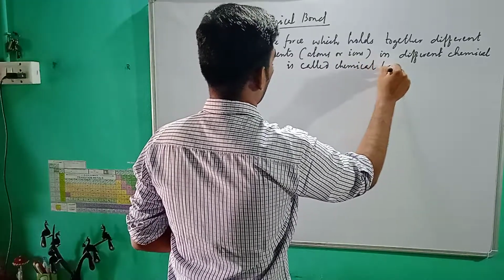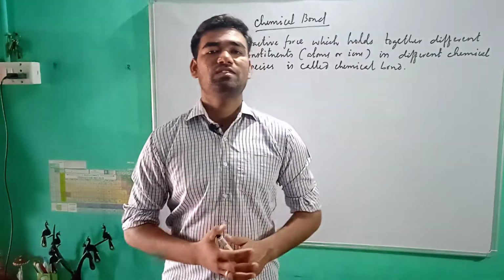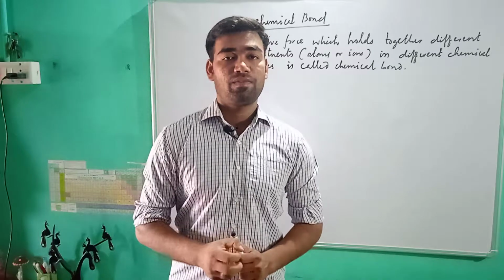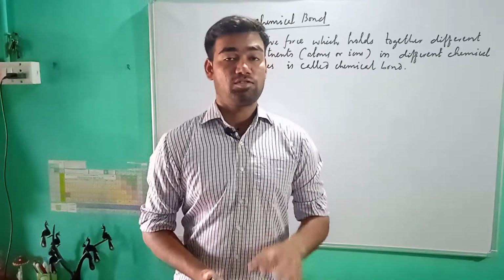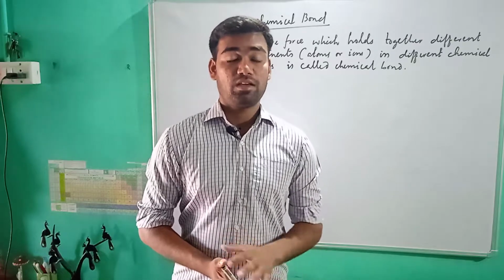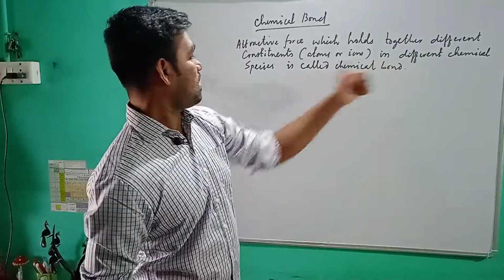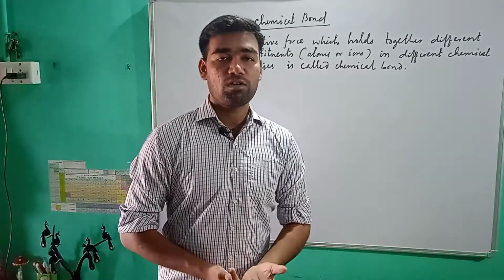chemical bond. So chemical bond, literally it means an attractive force that holds together, that keeps together either atoms or ions together in a chemical compound. So I have written here in different chemical species. So chemical species that may be molecules or compounds.